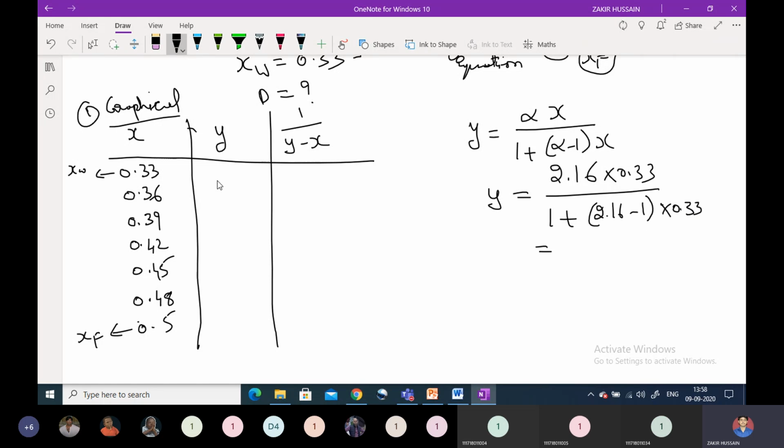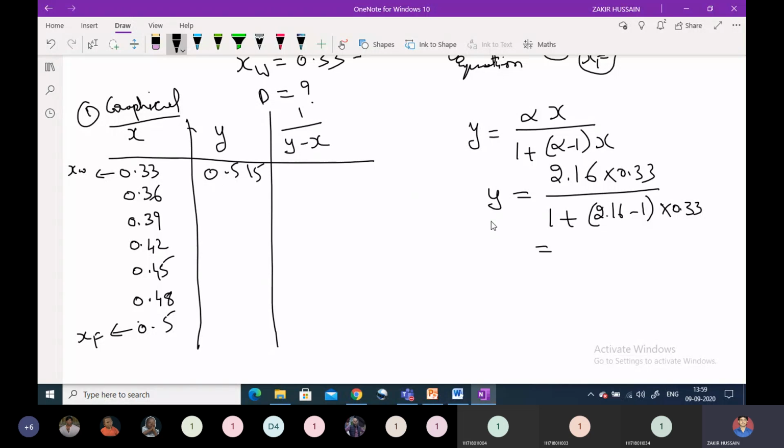You can calculate this value and put it here. Can anybody say what this value is? Sir, 0.515, sir.